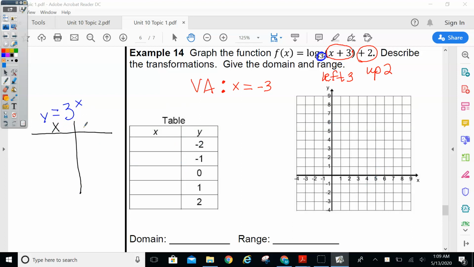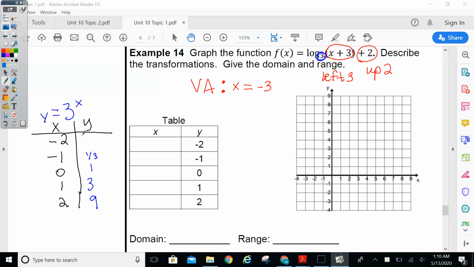Okay, so x, y. So for exponentials, we always do -2 to 2. So we're going to square 3 to get 9. 3 to the 1 is 3. 3 to the 0 is 1. 3 to the -1 is 1/3.